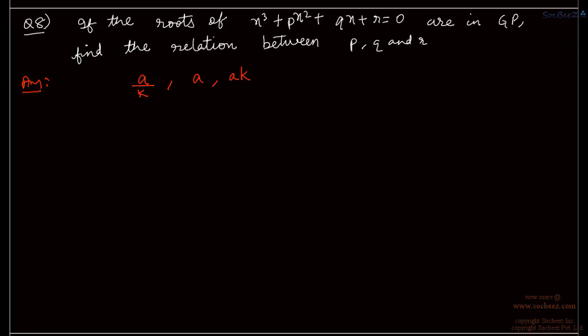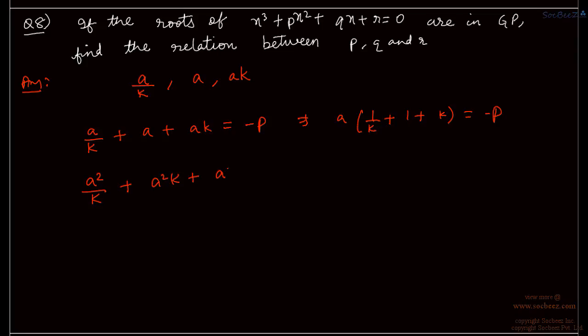So the sum of the roots gives us a by k plus a plus ak equal to minus p. Taking a common, we have 1 by k plus 1 plus k equal to minus p, right? Similarly, let's write down the sum of two roots taken at a time. So it is a squared by k, a squared k, and then a squared equal to q.